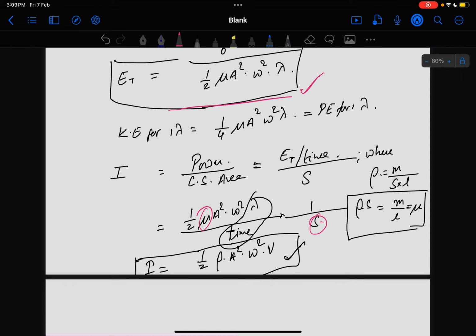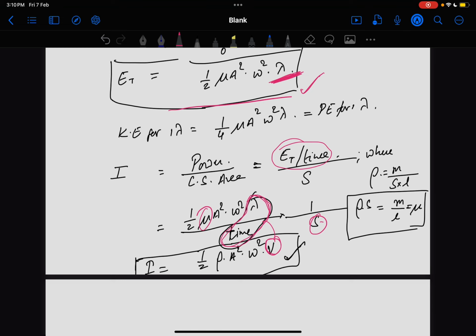So let us substitute this over here in the energy per unit time. We notice that the wavelength divided by time, because in the energy expression you have this term of wavelength over here, right? So once you substitute, you divide by this time quantity, you will be getting lambda by time. Lambda by time is nothing but the wave velocity itself, which is your v.